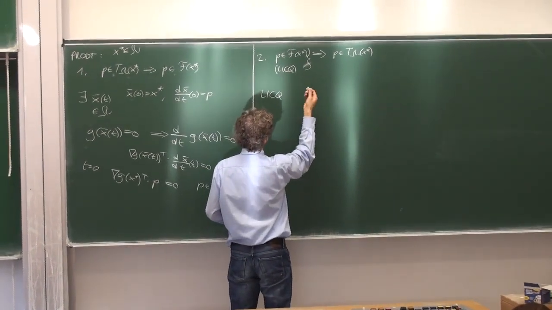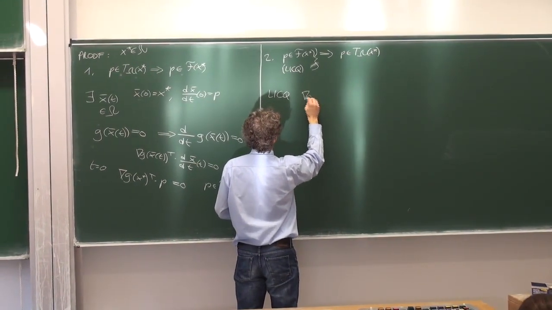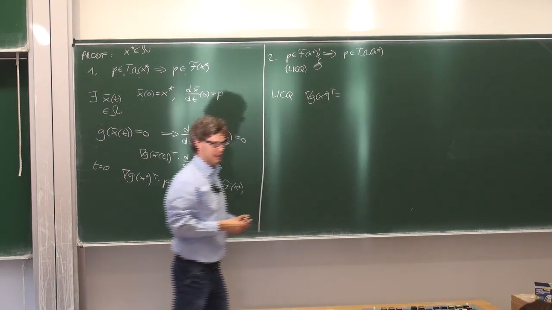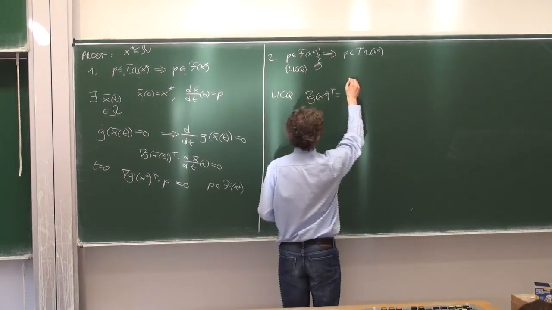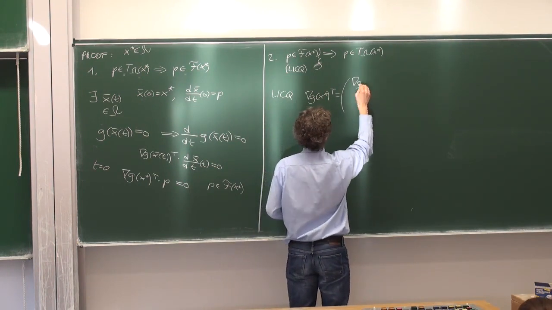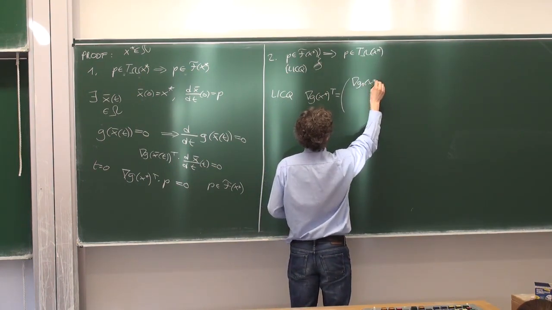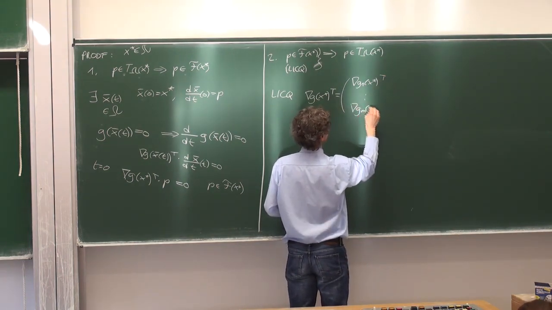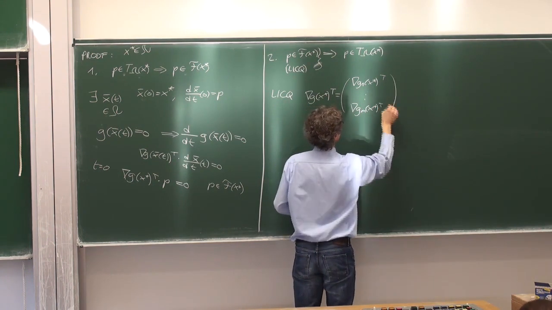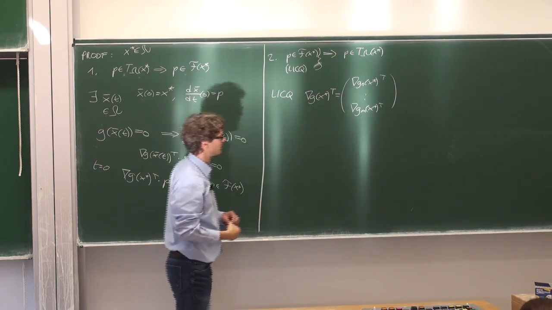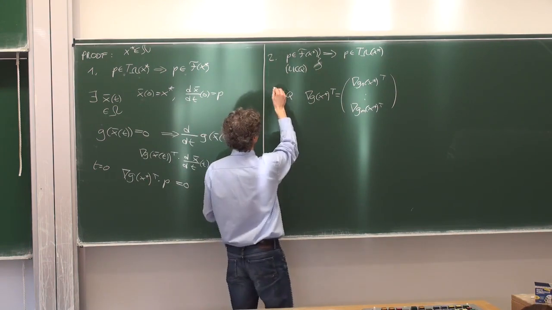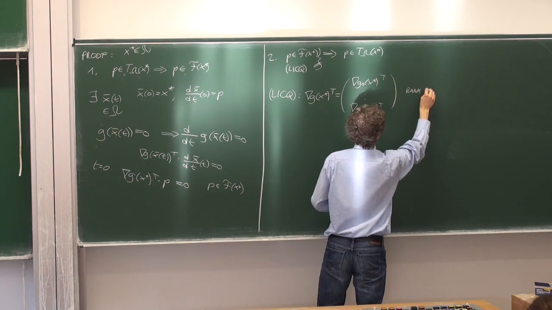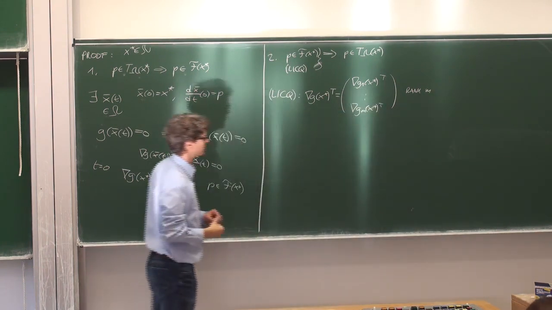LICQ means, as I said, that this Jacobian matrix has full rank, and that means this matrix consists of all the gradients of the component functions, and each gradient forms one of the rows, and all these rows are linearly independent. So LICQ was actually that this has rank m. So that's what we said before.